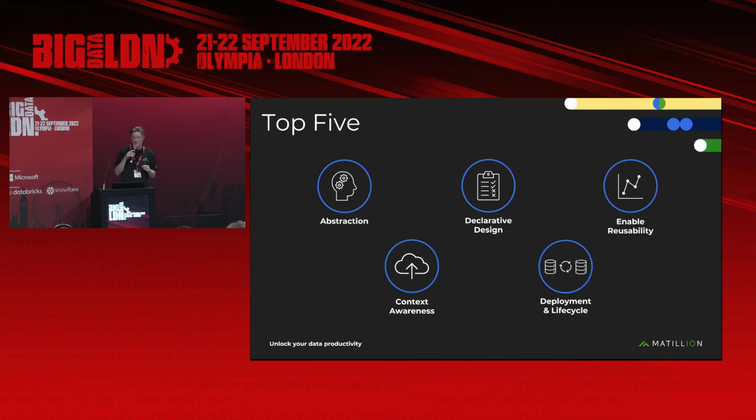Declarative design is an interesting one. This is all about data ops. This is all about getting the computer to do what it's good at, and making life easy for yourself. I'm going to be talking a bit about the differences between a declarative design approach versus an imperative design approach when I come to that slide. Deployment and lifecycle has to be built in to anything, because that means you can get up and running quickly.